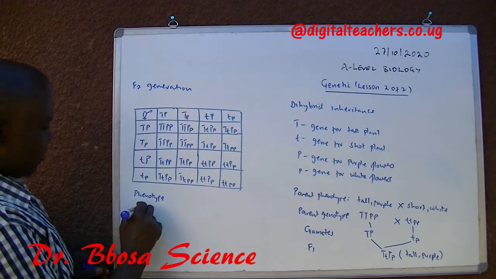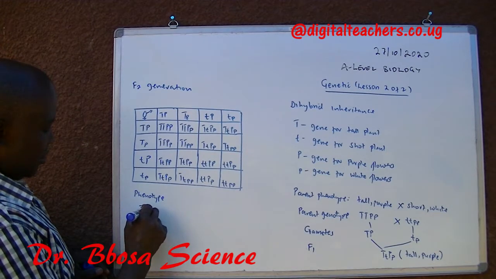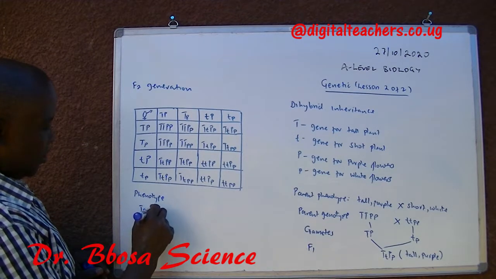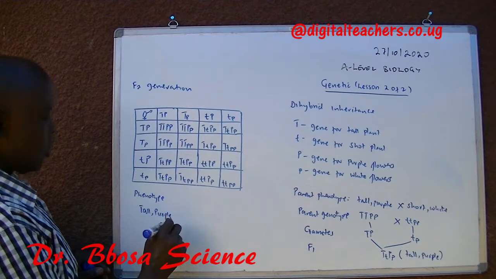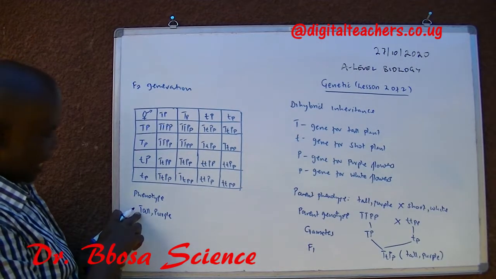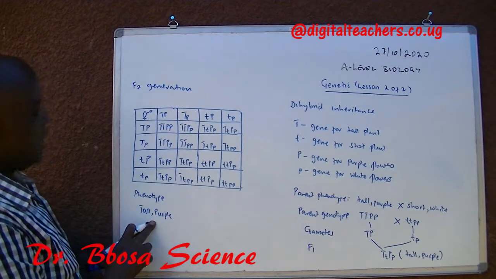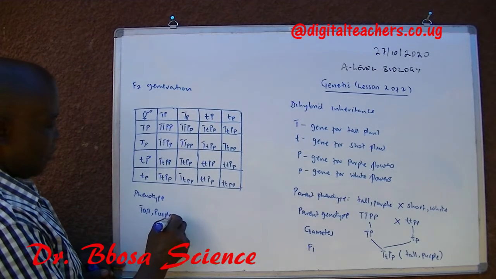Then the phenotype, we shall have tall, purple. Whenever there is capital T and capital P, it will be tall and purple.